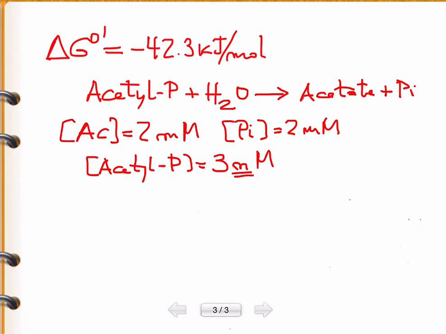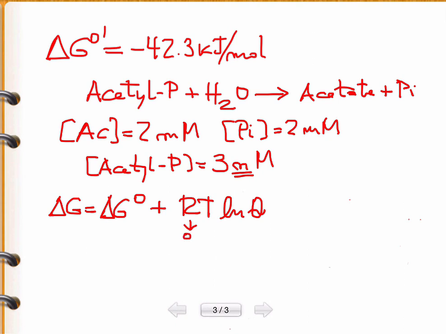It's a simple problem. Let's use the equation. Delta G equals delta G naught plus RT natural log of Q. Okay, so we know that R, the constant, is 8.314 in joules per mole, and temperature is in Kelvin, right?